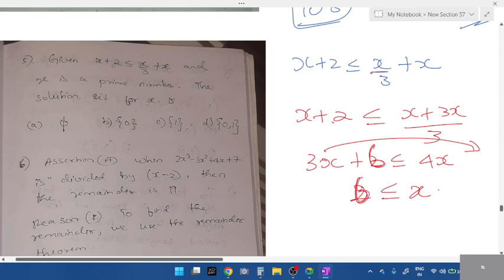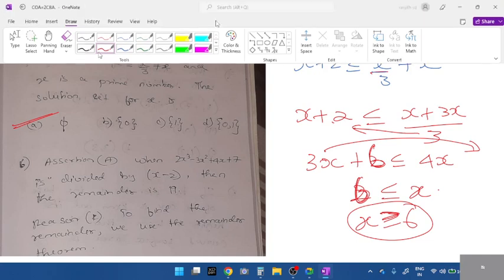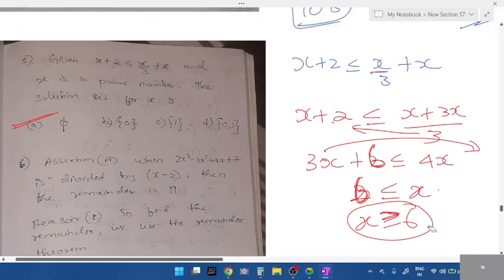Sorry, 6. 3x plus 3 2s are 6 when you multiply 3 to the other side. So when you rewrite this statement, x arrow is facing towards 6. What is the value, students? If x is greater than 6. For x is greater than 6, what's the answer? Is there any answer? It is null set. When there is no answer, it is null set.